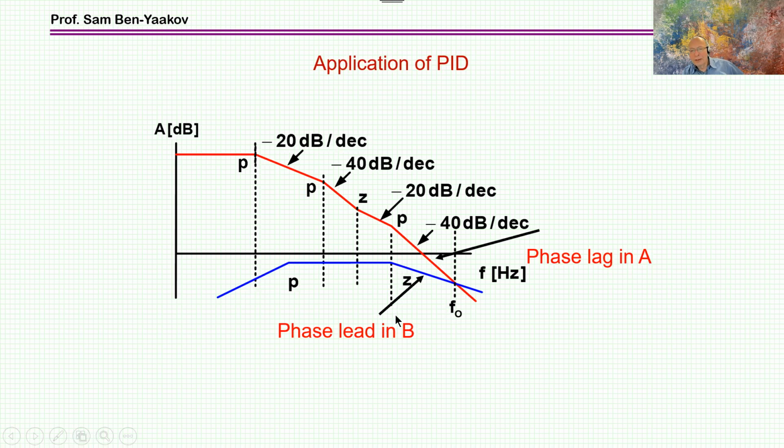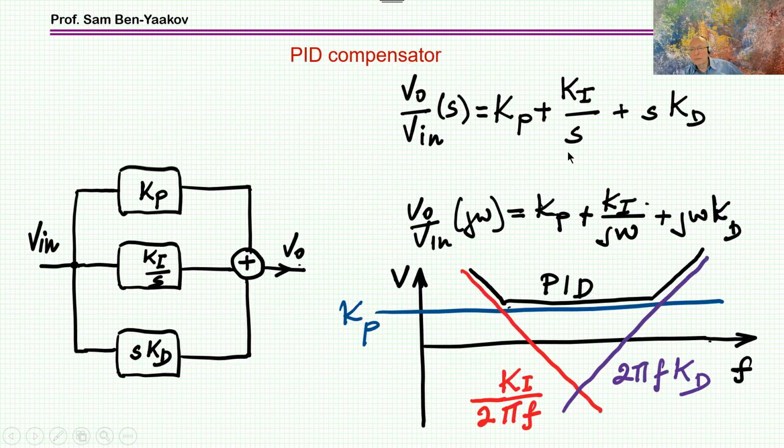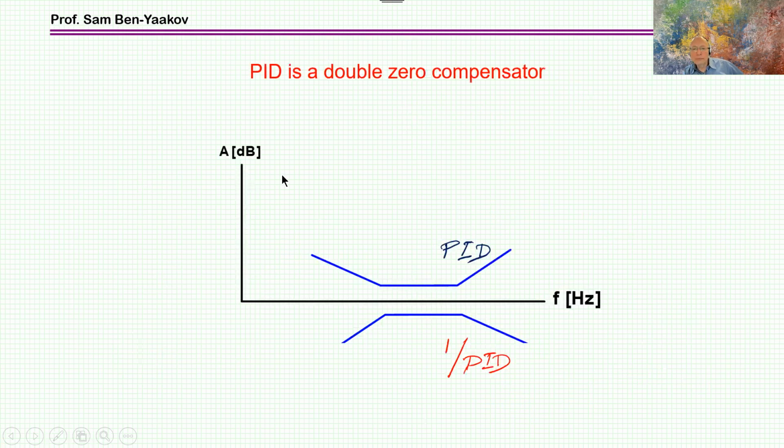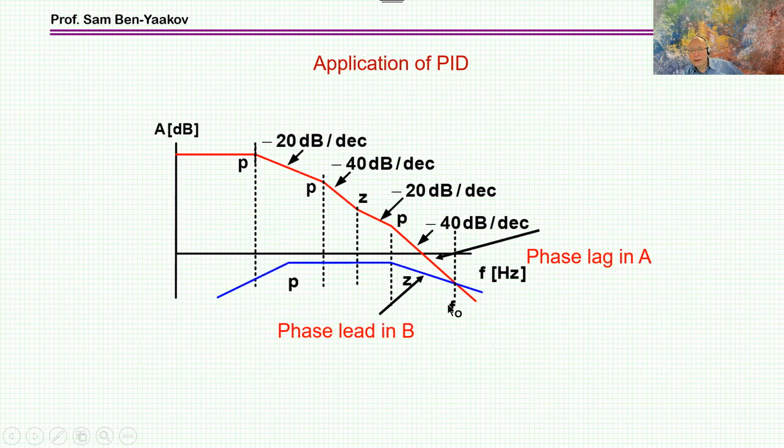So you can say that the PID is kind of a general purpose compensator, and you can move it up or down, right or left, depending on the constants, okay? So by changing these constants, you are changing the places of the zeros and the poles, and consequently, you can do this, you can do this, you can do this, okay?